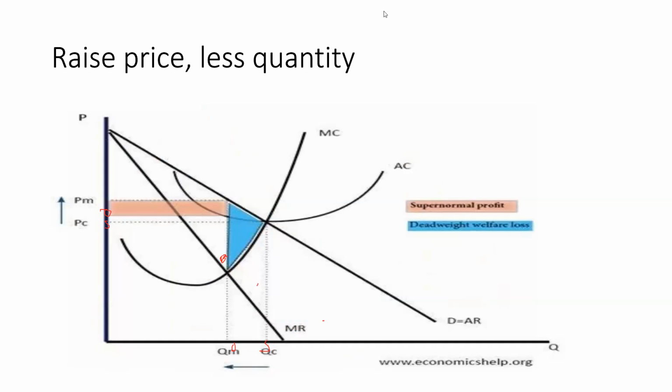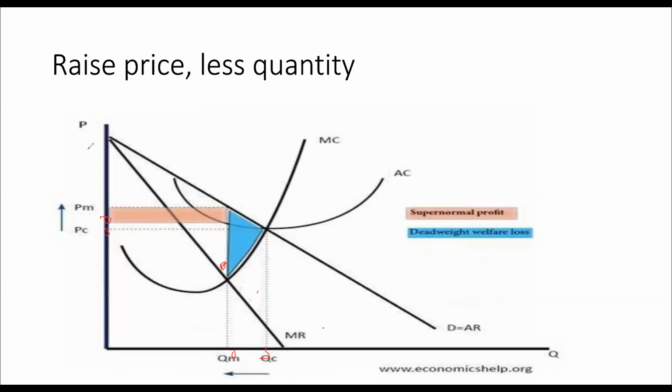I did talk about this, but I'll just go again. So say this monopoly wants to raise its price to over here. Again, if it's in the elastic part of the curve, right? Price up, total revenue down.